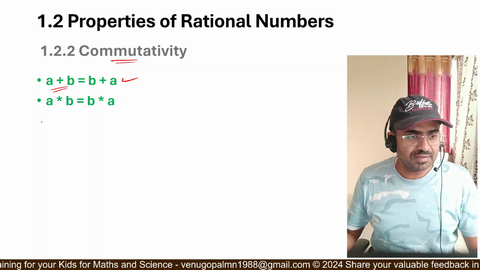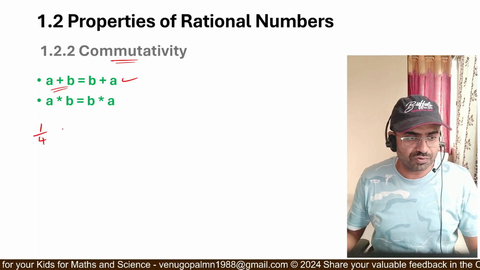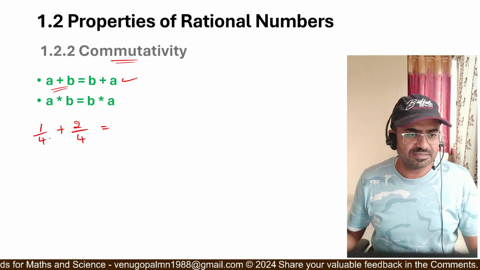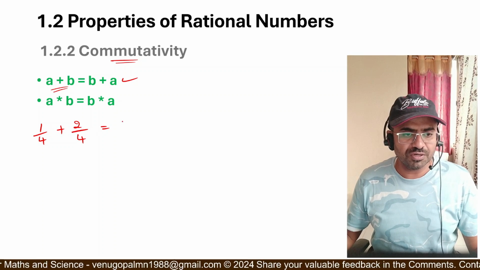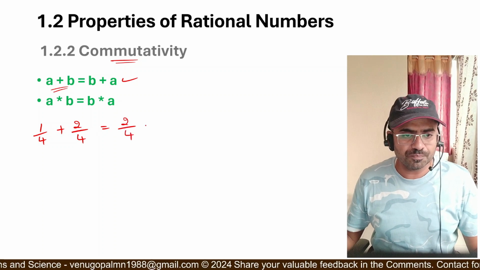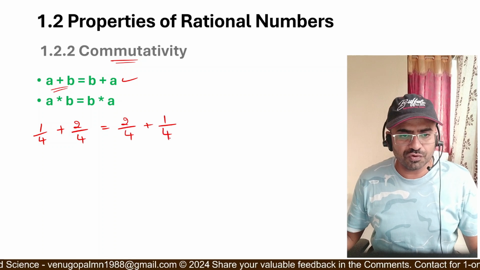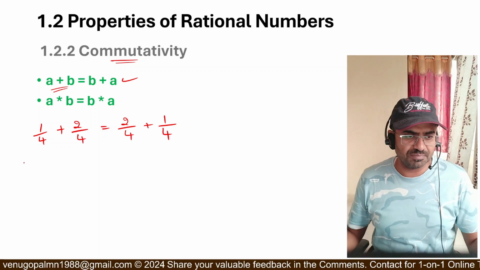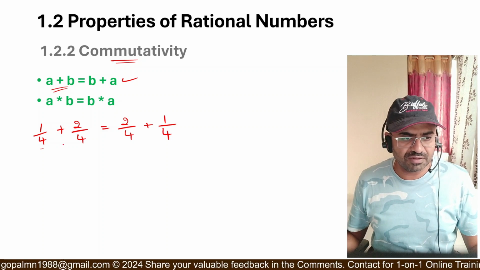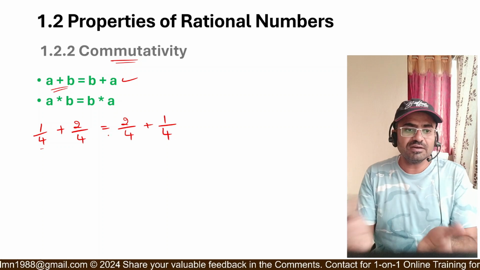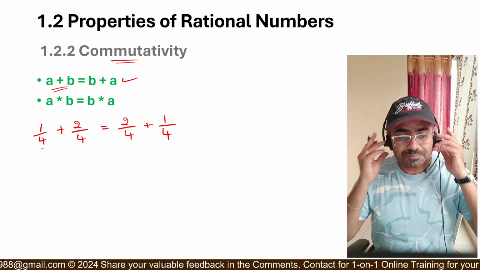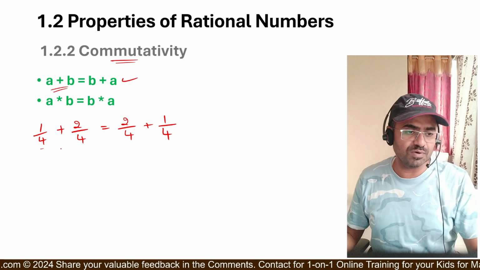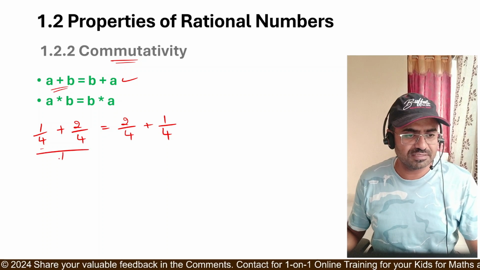For example, take 1 by 4 plus 2 by 4. What this property says is 1 by 4 plus 2 by 4 is equal to 2 by 4 plus 1 by 4, meaning a plus b or b plus a are one and the same. So let us see the result.